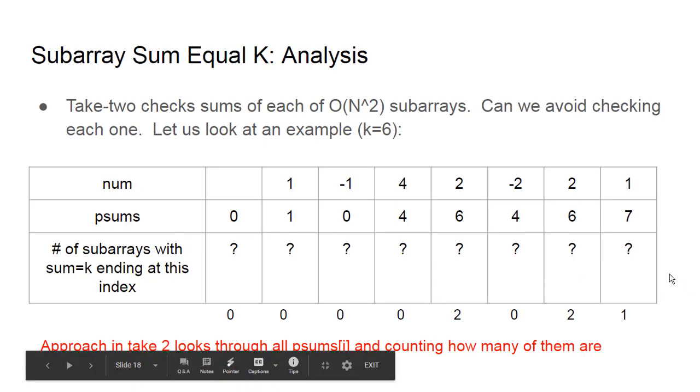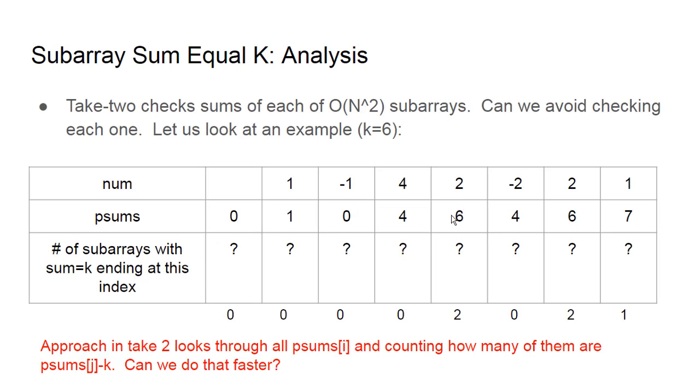So the previous approach can be viewed as essentially, for ending at 6, it looks at each of the previous elements and sees whether its prefix sum is 0. Because if it's 0, then it contributes 1. But we don't have to look through all of them to look for 0. We can store the prefix sums using a histogram, and then we can directly look up, when we end here, how many zeros happened before us.